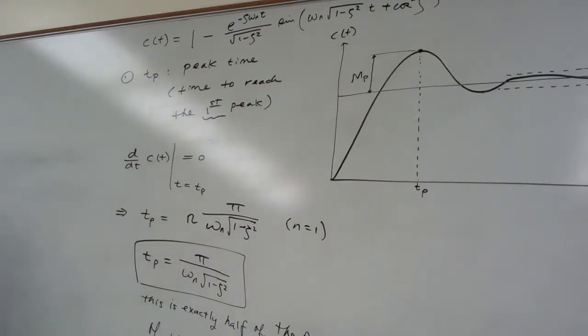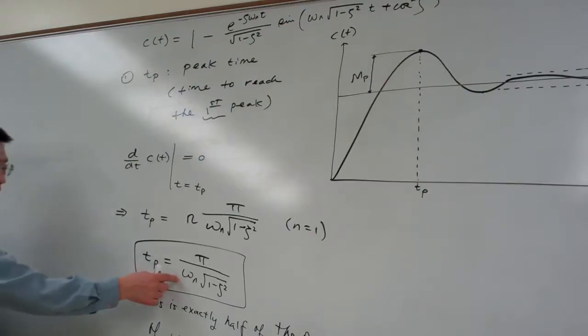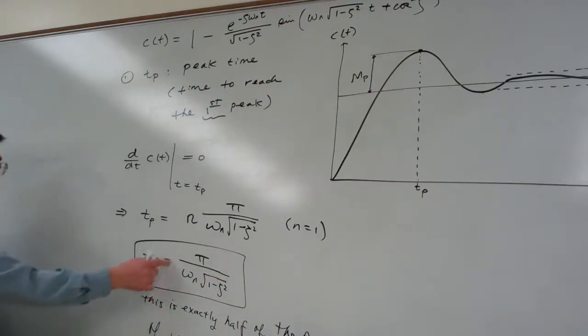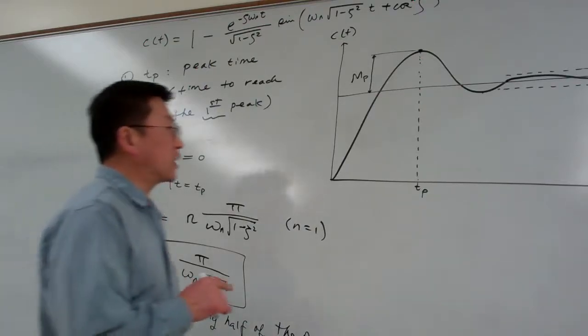Okay, because the oscillation has the frequency exactly equal to this, and the period equals 2 pi divided by that frequency, so TP equals half of this. So now we have the TP done, then the second one we want to determine is MP.